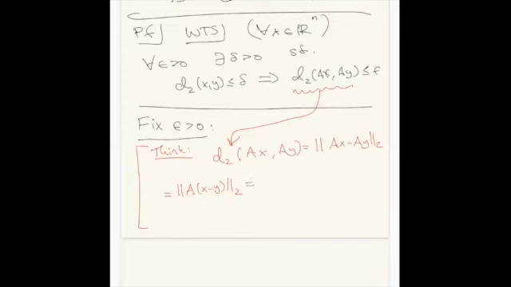And this is the same thing as square root of the sum over the components, Aij times xj minus yj.